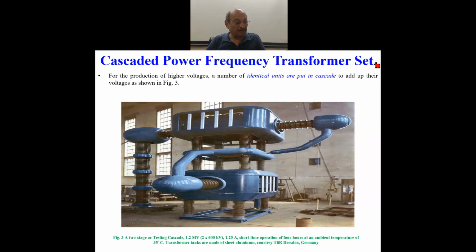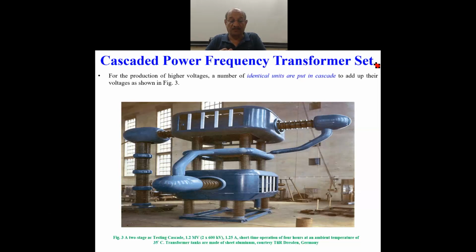So instead of producing the required magnitude of voltage in one single unit, you produce it in steps of 2 or even 3 identical units, in which the ratio of transformation in each unit is the same.